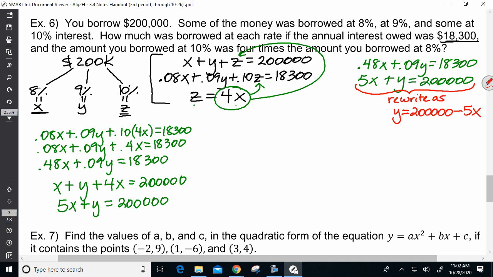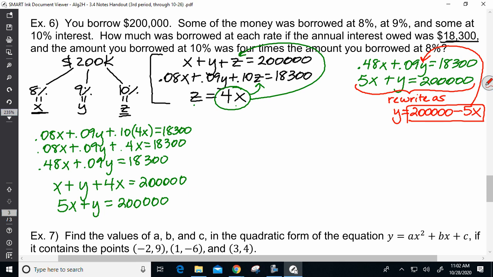So it looks like we're going to substitute. Rewrite the second equation, and then plug it in. So again, you don't need permission to use substitution.